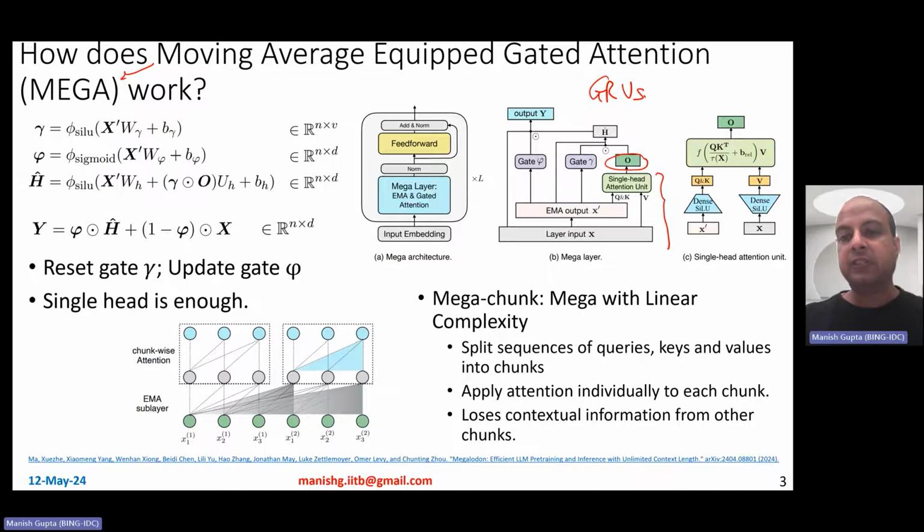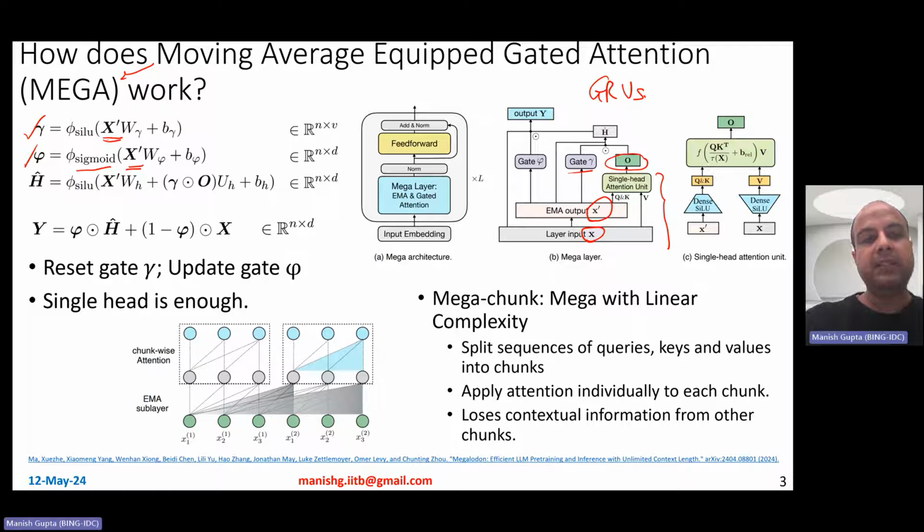Okay. So what they do is combine this attention with the original input X and the EMA processed input X dash using this gating logic. They first compute the reset gate gamma. As you see, it's computed on X dash, and they compute the update gate phi using X dash as well, but with a different activation, right?